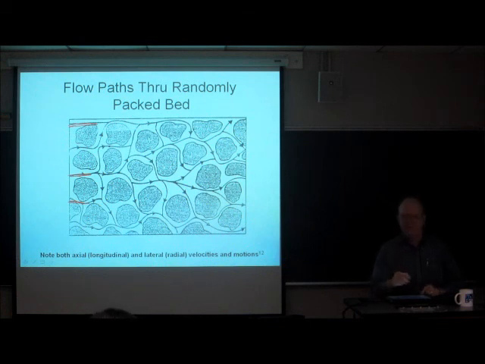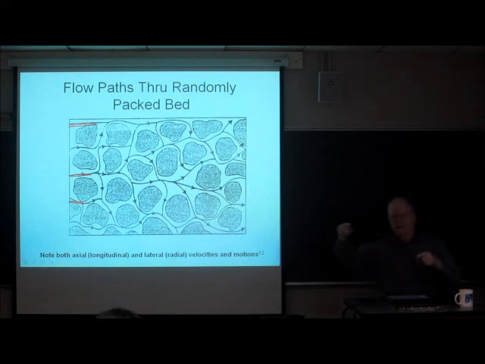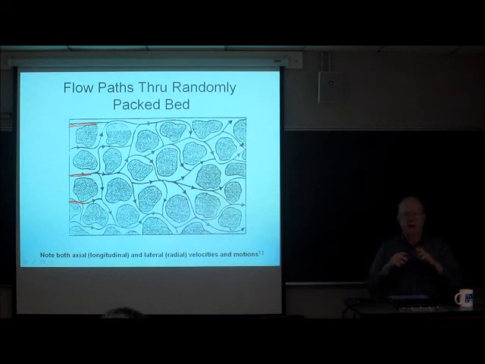Now, if we have different velocities down the column, then molecules in different flow streams are going to be transported through the column and get out quicker or slower than molecules in a flow stream that has the average velocity. And that's going to cause dispersion in the peak at that end of the column.